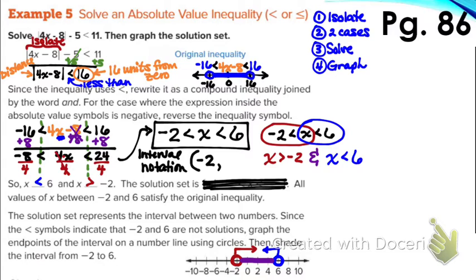So this is the farthest to the left. This is the smallest value where we have any shading. What's the biggest? 6. Were there any gaps in between negative 2 and 6 in my shading? Is there anywhere in between these two that it's not shaded? No. So this is my interval.